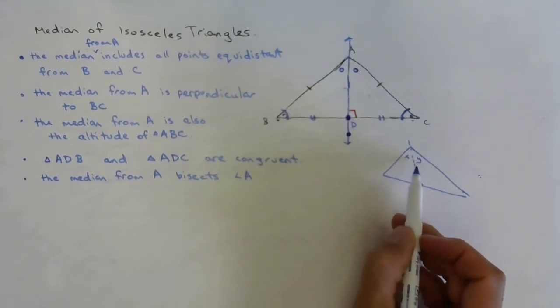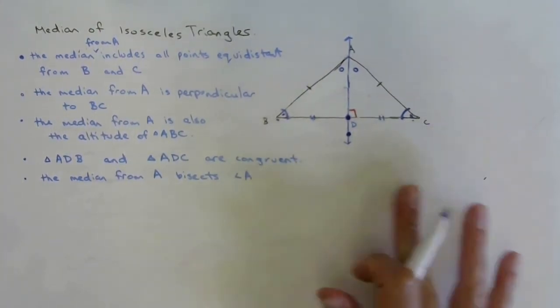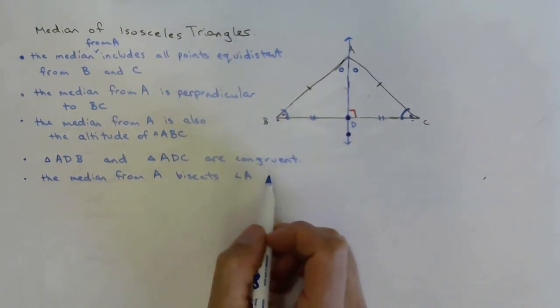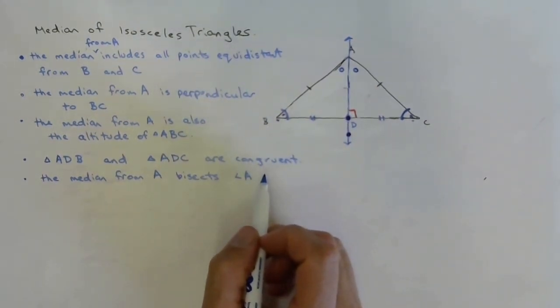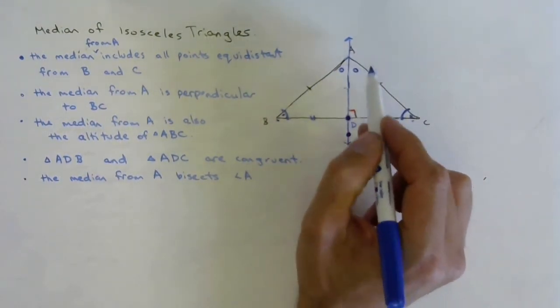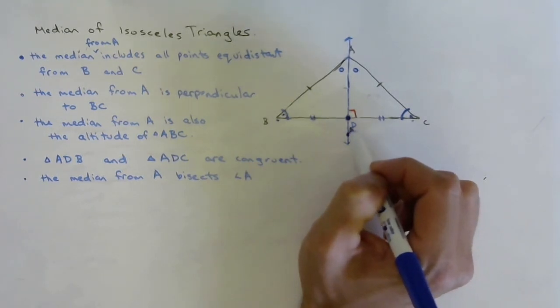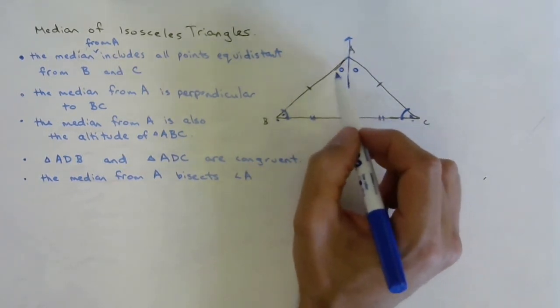X and Y are clearly not equal. Y is smaller than X, even though I drew a median. It's only true in an isosceles triangle. So the median from the vertex between the equal sides of an isosceles triangle coincides with the altitude and it bisects the angle. What about an equilateral triangle?